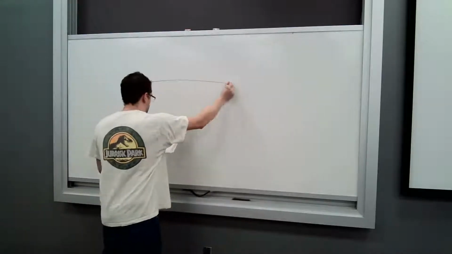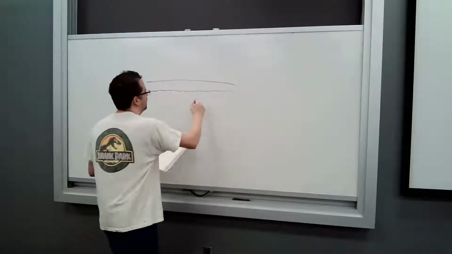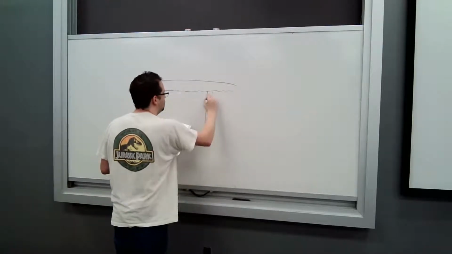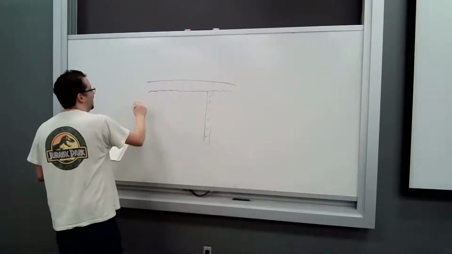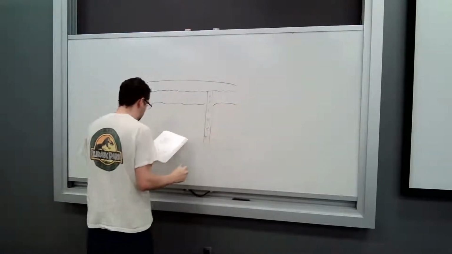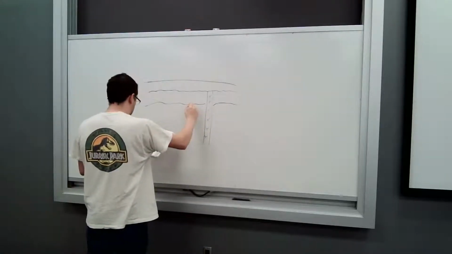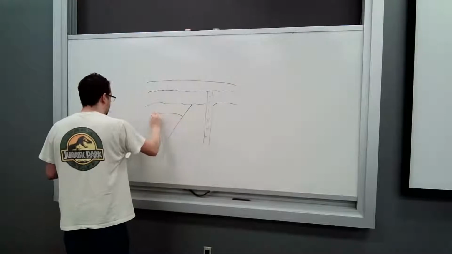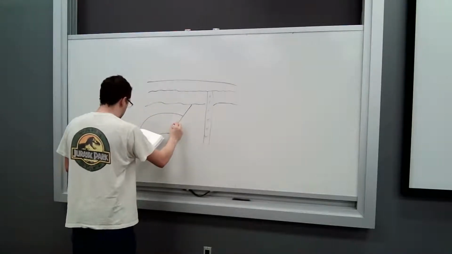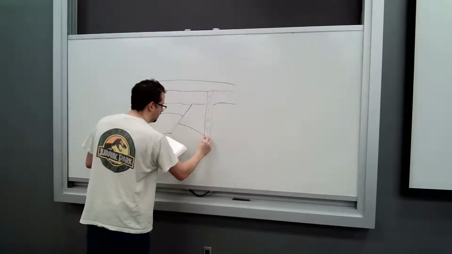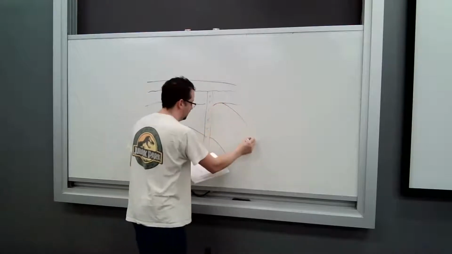We have a lava tube. Okay, but then we have another layer. Okay, and then we have a fault that cuts through here, this, this, and this.